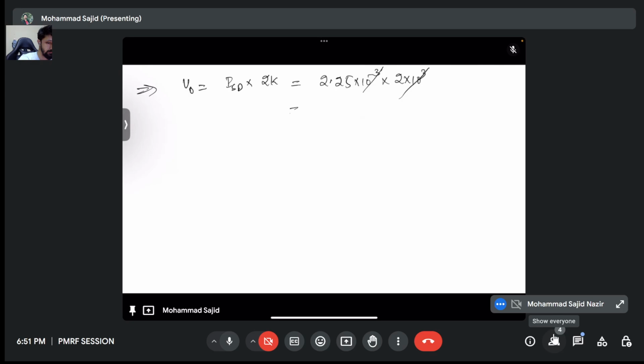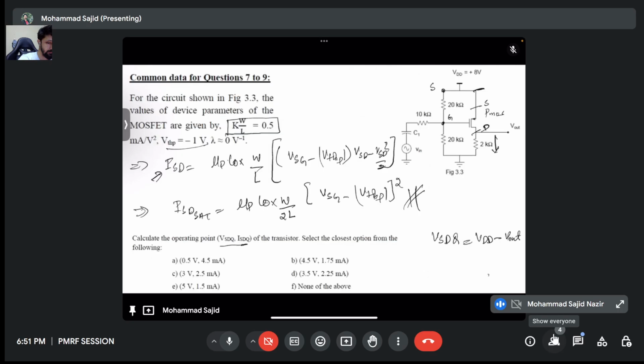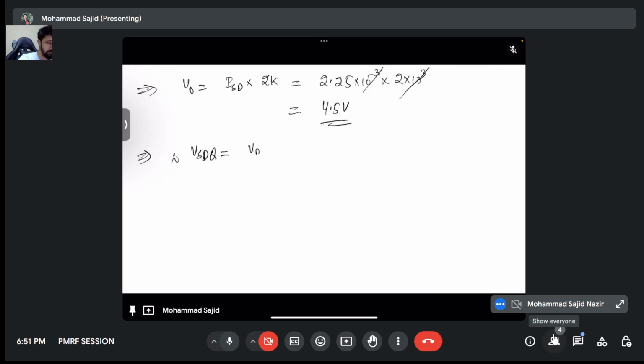So this is 4.5. So now VSDQ is from KVL, this is VDD minus V naught: 8 minus 4.5 volt, which is 3.5.